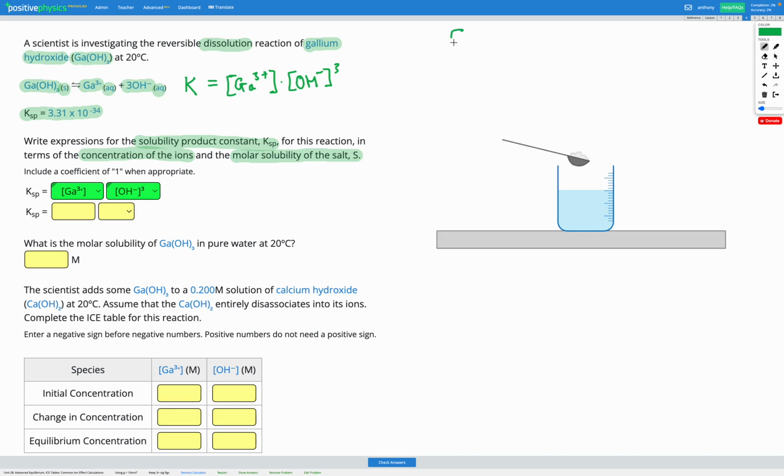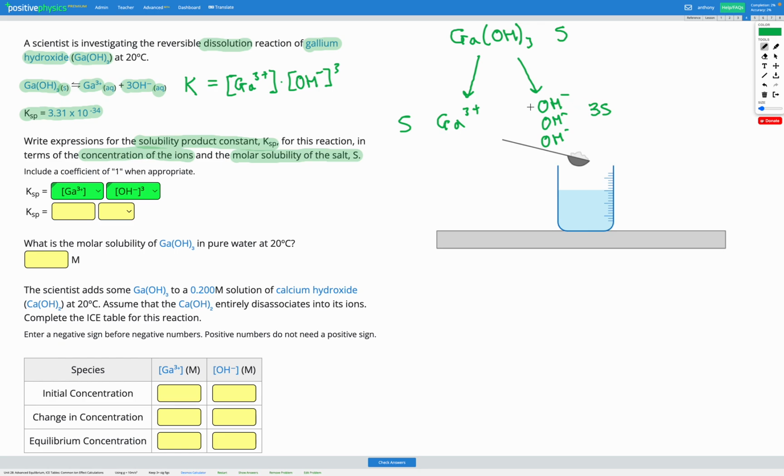So we have gallium hydroxide. That has a molar solubility of S. Gallium hydroxide forms a gallium 3 plus ion and 3 OH minus ions. So if S of gallium hydroxide dissolves, we get S of gallium 3 plus formed and 3S of OH minus formed.